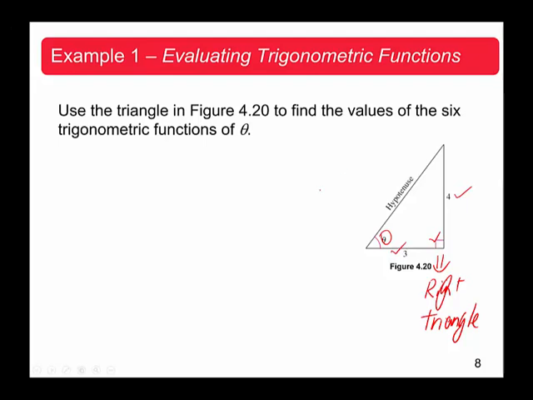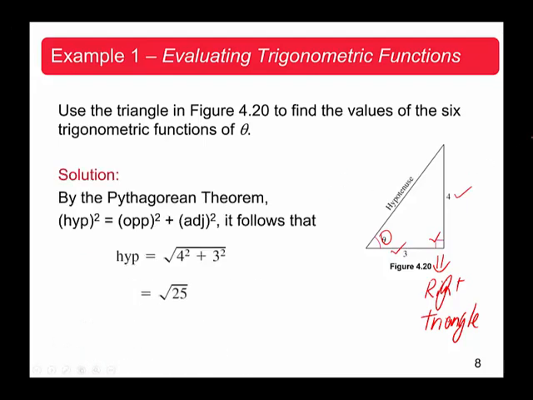So you can use the Pythagorean theorem to find the hypotenuse side C. C squared equals A squared plus B squared, and then the hypotenuse equals radical 4 squared plus 3 squared, which is radical 25. It turns out to be 5. So C equals 5.